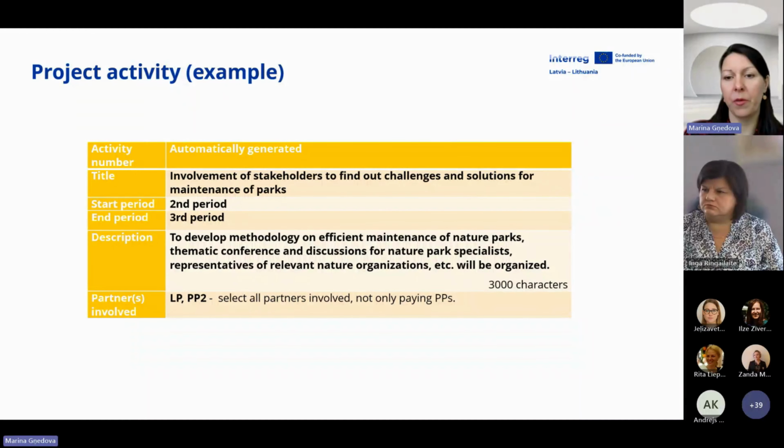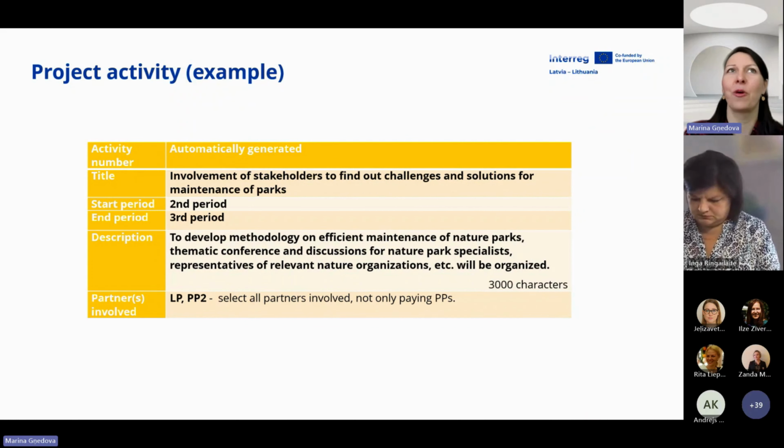Please remember that input fields are limited. Unfortunately, or it is good for you, for us, because sometimes there are projects that write too much, and in opposite, some projects have a lack of information. So for the description of an activity, you will have 3,000 characters.